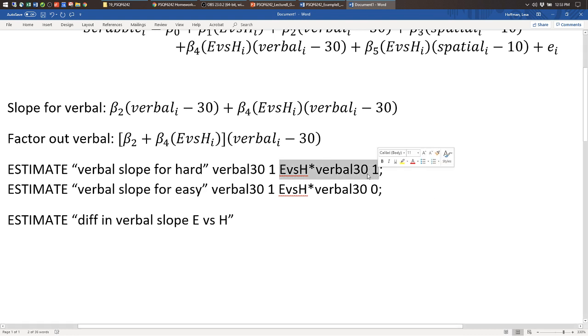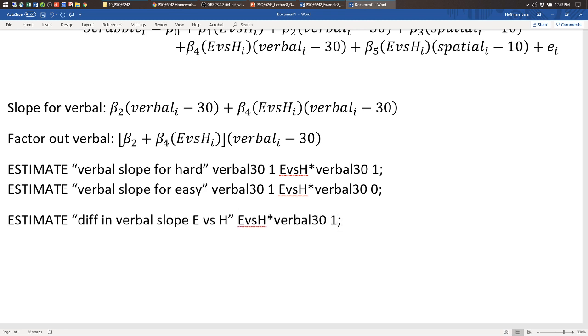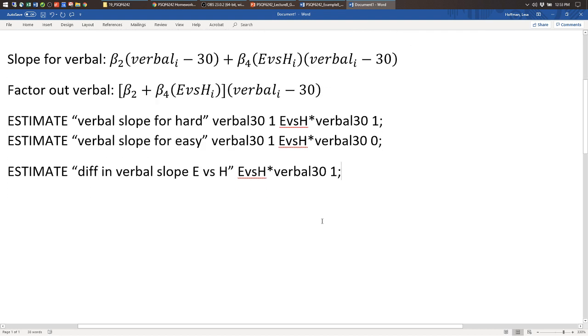If I literally subtract these lines, this is what I'm left with. In other words, the difference in the verbal slope between easy and hard is a model parameter. That is what the interaction term means. So I didn't even need to write this.